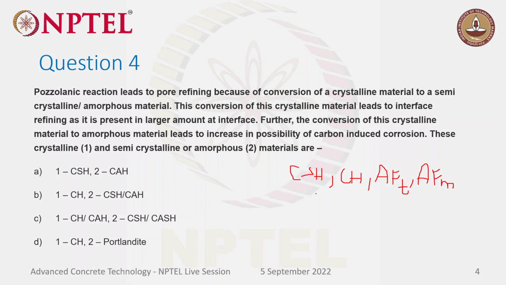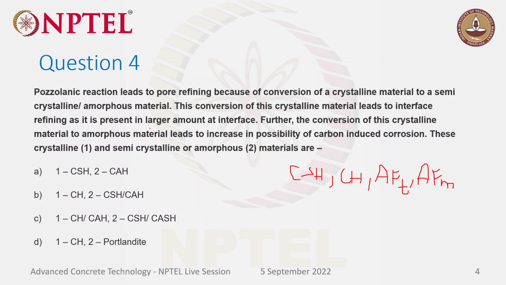The remaining tricalcium aluminate and tetracalcium aluminoferrite react with the existing water and sulfates to form AFT and AFM phases. Coming to CSH and CH, CH is the crystalline product remaining mostly in the interfaces because it requires more space. Mostly in the interface we will find more space between the aggregates and the paste. That is the interfacial transition zone, ITZ.